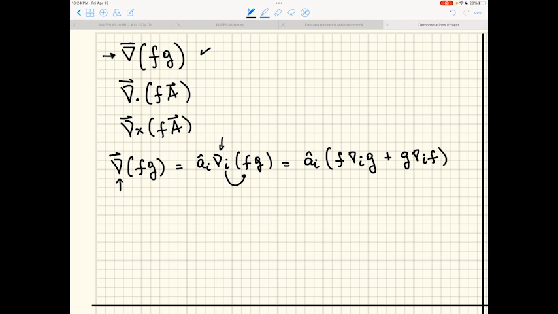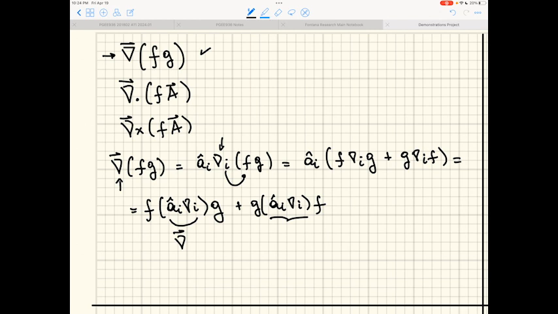Then what we have is simple, right? This is going to be equal to f a_i nabla_i operating on g plus g a_i nabla_i operating on f. So using the notation, this in fact is a sum over the three indices i, which gives nabla, and this one too is nabla.